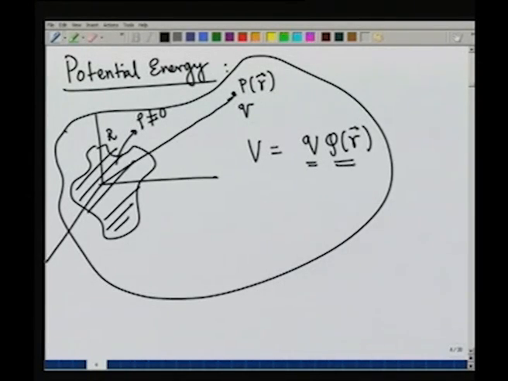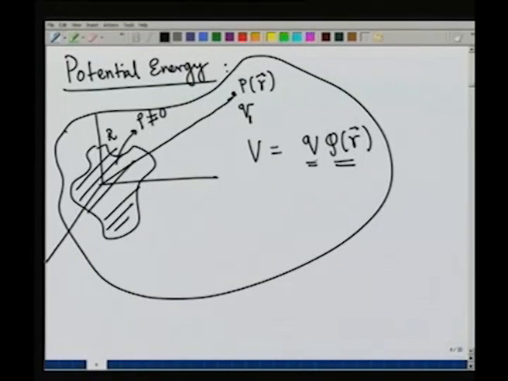Now, in order to make it notationally clear, I want the notation to exhibit whatever I want to say. I will call this charge Q1 and I will call this rho as rho 2. By that I mean it is in a different region, the second region. This is the first region if you feel like.